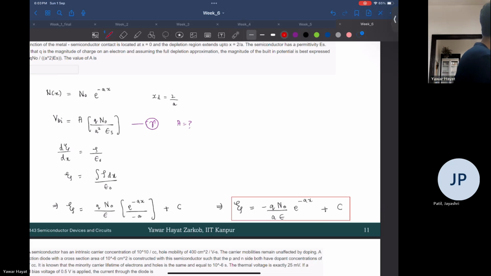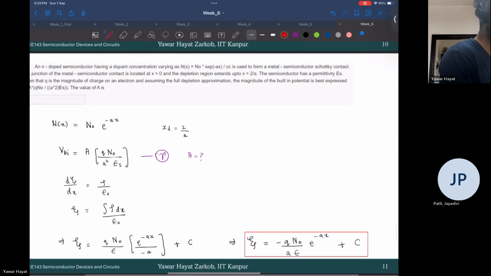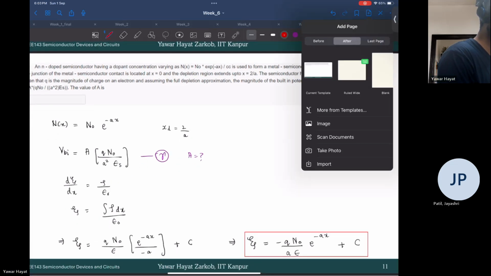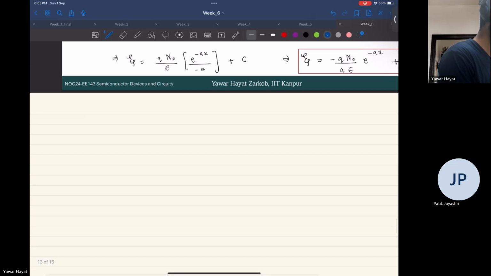Now, once electric field is done, let me add a page here. At x equal to 2 by a, your electric field is 0, right?